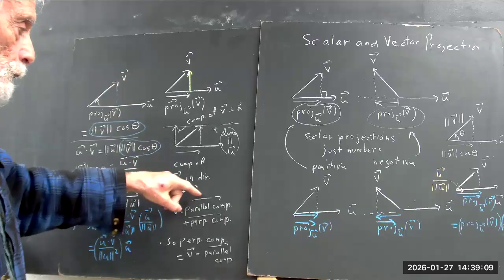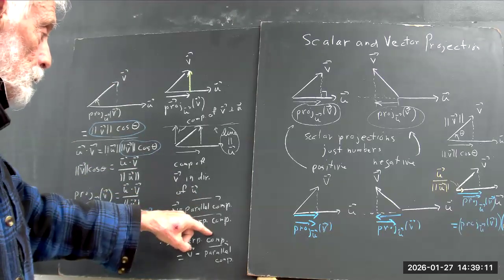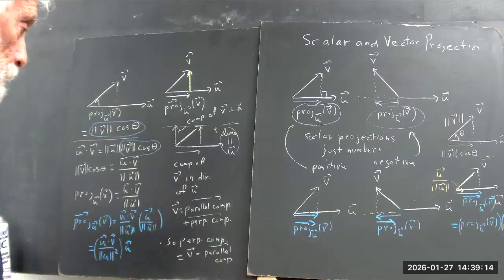It's simple, V equals this plus this. So this equals this minus this. Simple equation.